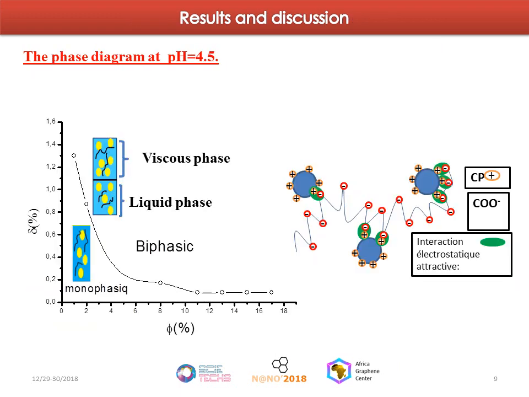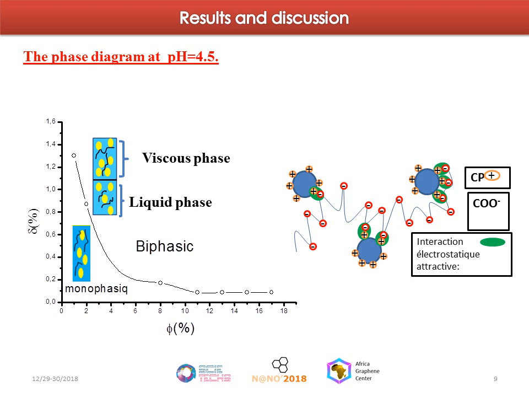So the phase evolution of the samples with the number of charges per drop is displayed in these phase diagrams at pH equal 4.5, and the weight ratio of PAA to drops is fixed and equal to 0.05, and the vertical axis is the weight fraction of ionic to neutral surfactant.